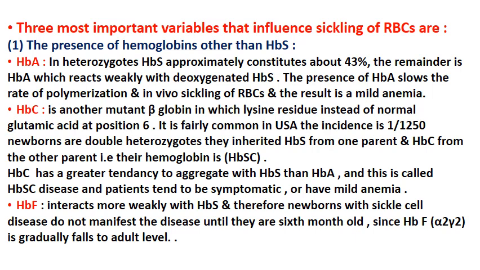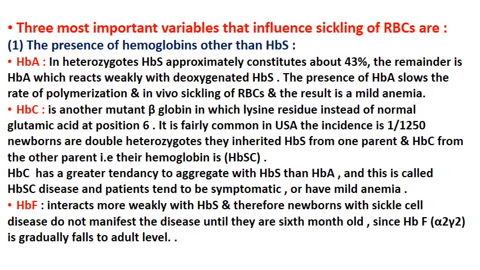What about hemoglobin C? It's another mutant of the beta globin, in which there is a lysine residue instead of the normal glutamic acid at position 6. This is hemoglobin C. It's fairly common in the USA, with an incidence of about 1 per 1,250.